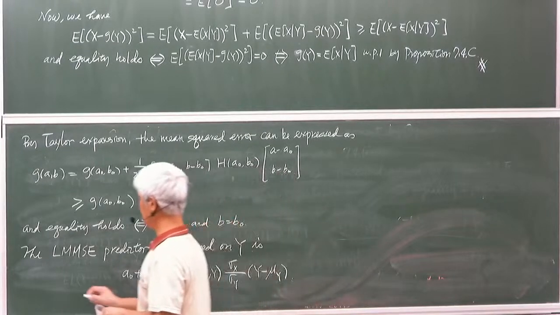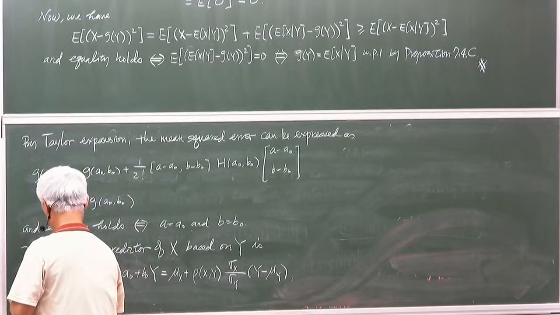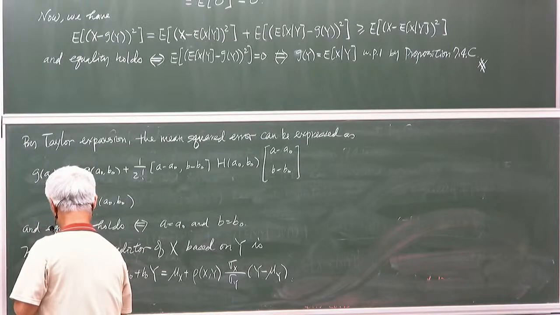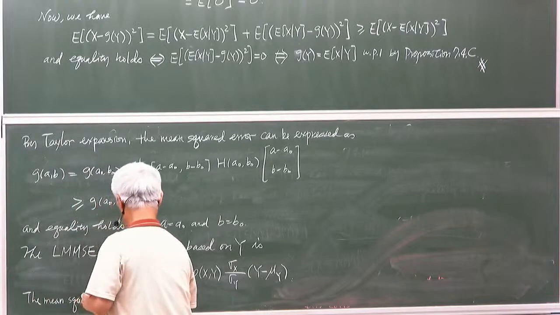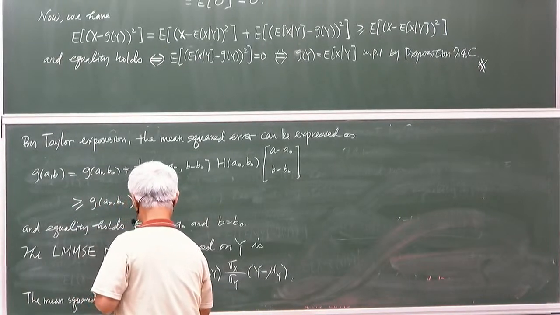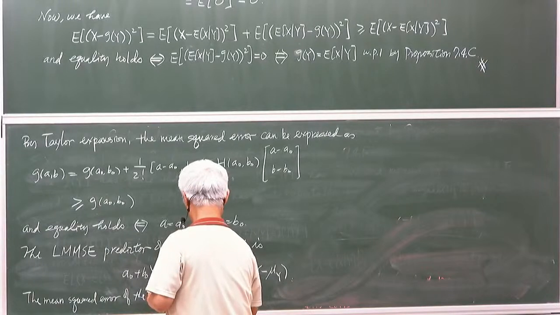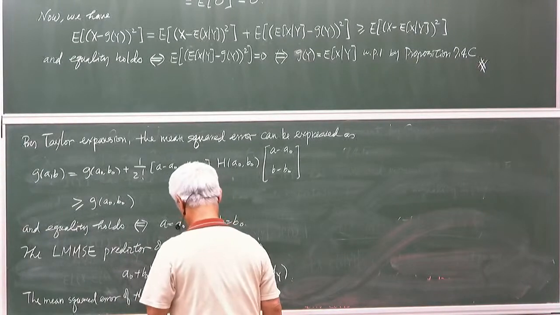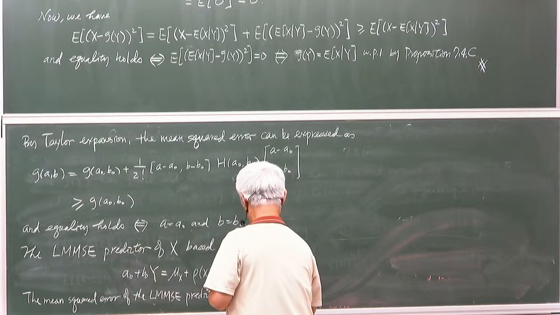Okay, and the mean square error of the LMMSE predictor is just g of A0, B0.